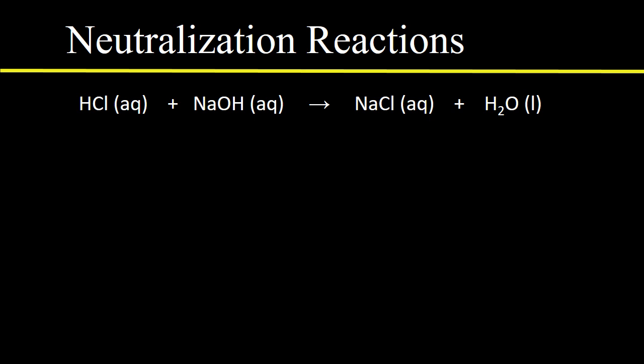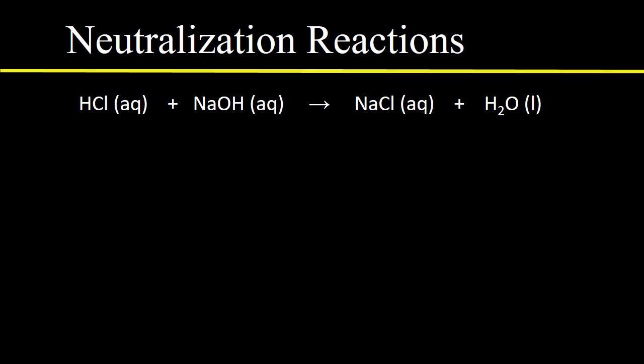All right, now neutralization reactions. If you have a reaction with an acid and a base, you always get the same general format for the reaction. Here is hydrochloric acid reacting with sodium hydroxide, and you can see we're producing sodium chloride and water.